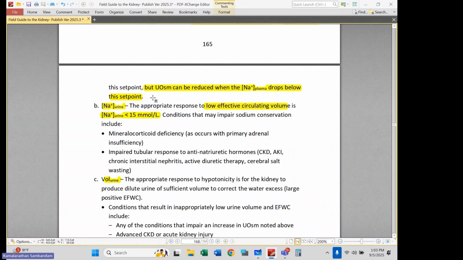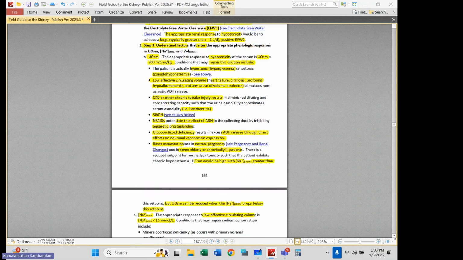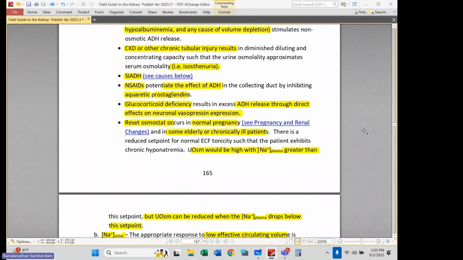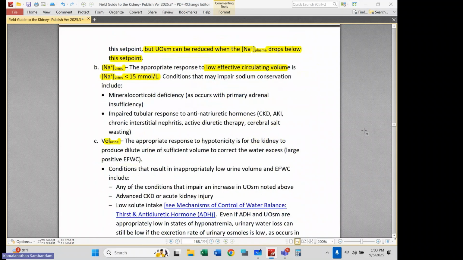And you're looking for a low urine sodium as an indicator of low effective circulating volume causing this high urine osmolality. A low urine sodium would give you the clue that this is a case of low effective circulating volume.